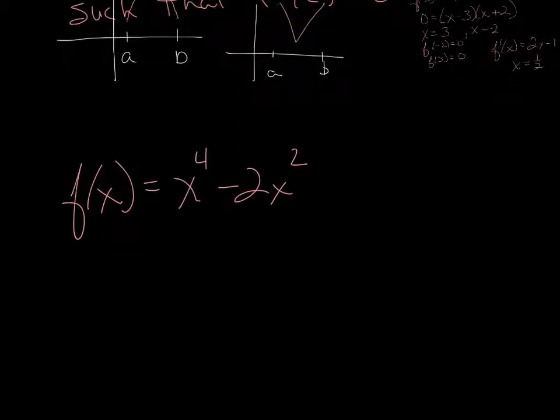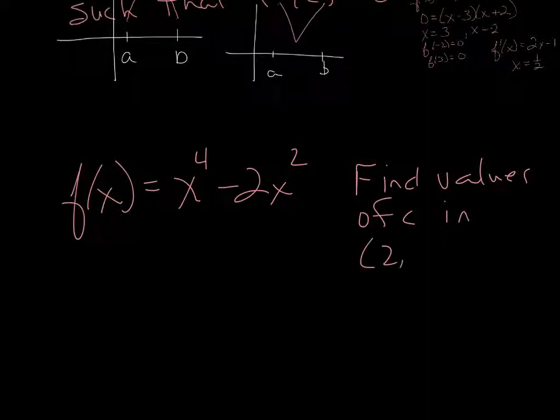All right, does Rolle's theorem apply? I want to find all values of c in the interval [-2, 2], such that f prime at c equals 0. First of all, will Rolle's theorem apply? Yes.